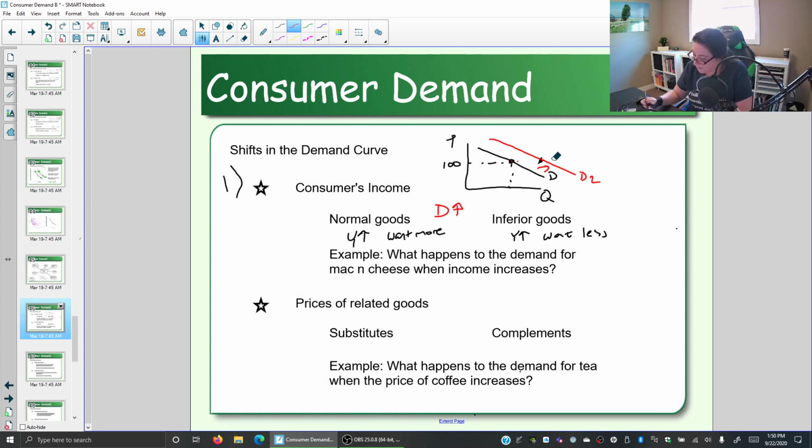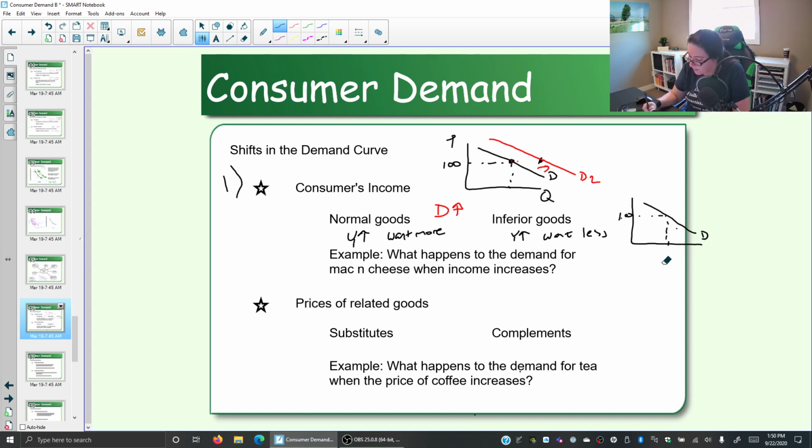If we have an inferior good, and I think we talked before about craft dinner, mac and cheese, at $1 a box, there's a certain amount that you are willing and able to buy. Well, if your income increases, are you going to get more craft dinner? Well, if you think about it, when you're in college versus when you are established in your career, what's going to happen to the amount of craft dinner?